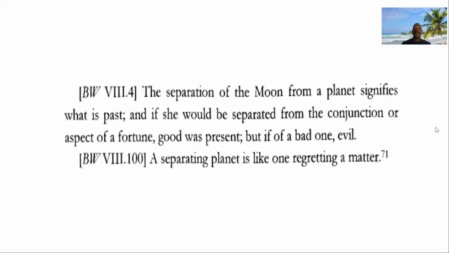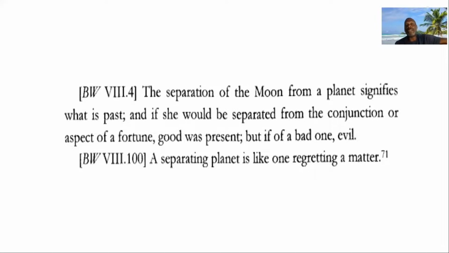And the separation of the moon from a planet signifies what is past. And if we should be separated from the conjunction or aspect of a fortune, good was present. But if a bad one, evil. So what does he say? The separation signifies what is past, especially the separation of the moon.